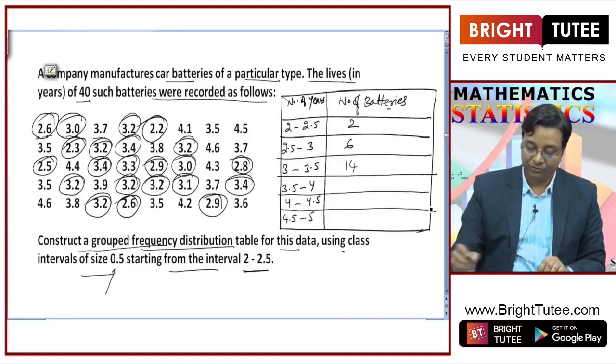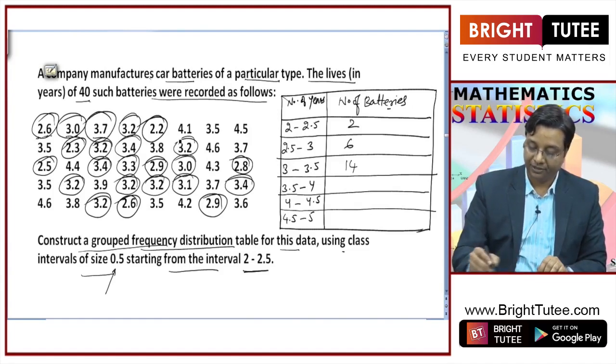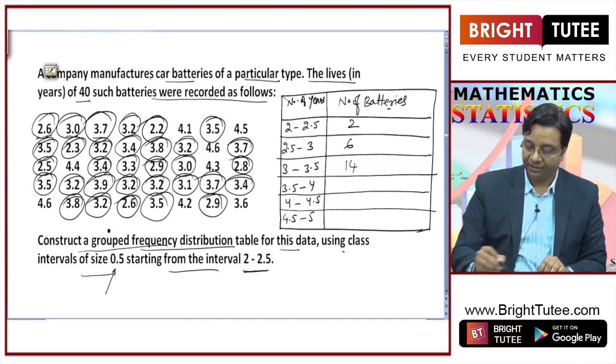And 3.5 to 4, 1, 2, 3, 4, 5, and then 6, 7, 8, 9, 10, 11.